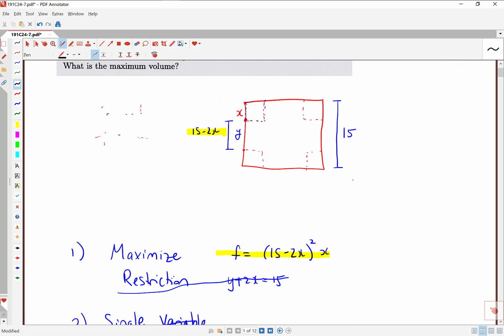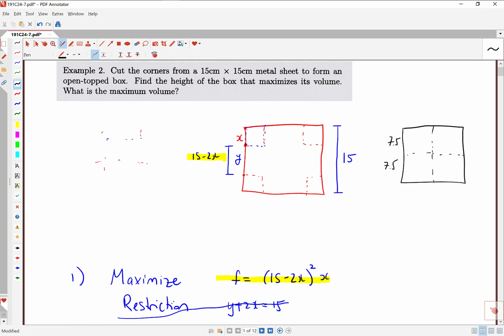So let's look back at our sketch. I've just decluttered this a bit so that we have room to think about this. So imagine what would happen if x were actually 7.5. If x were 7.5, that would be equivalent to cutting out all of this metal sheet. Everything would be a corner, basically, and you would have nothing left for the base. So that would lead us to 0 volume for the box.